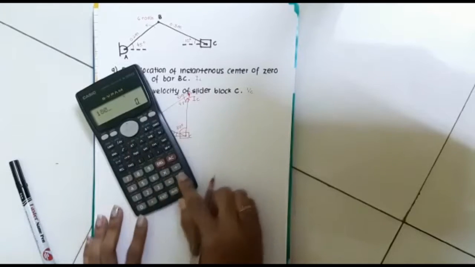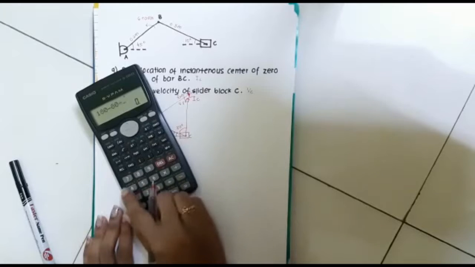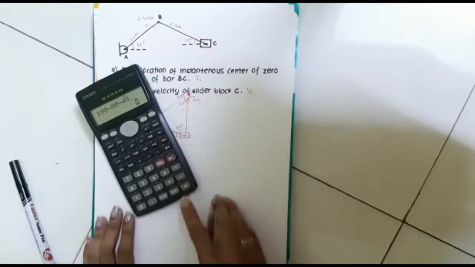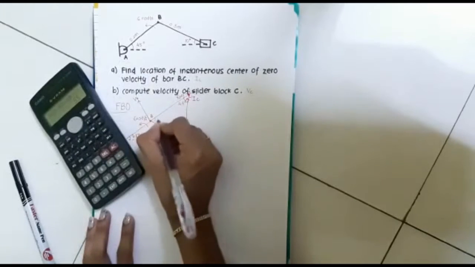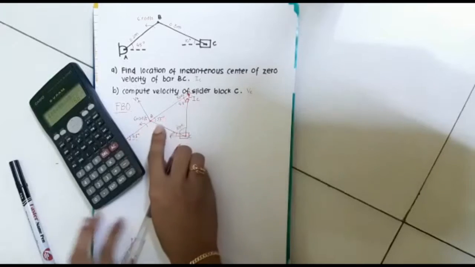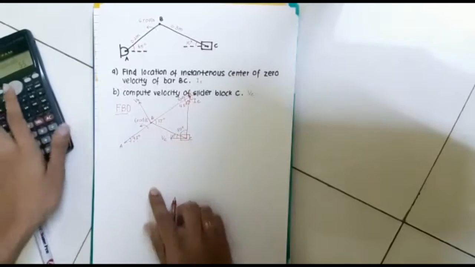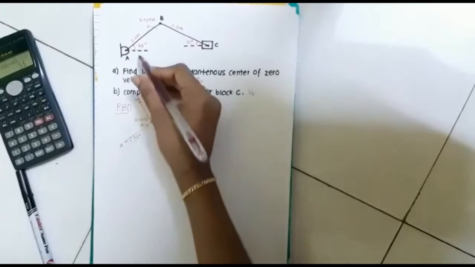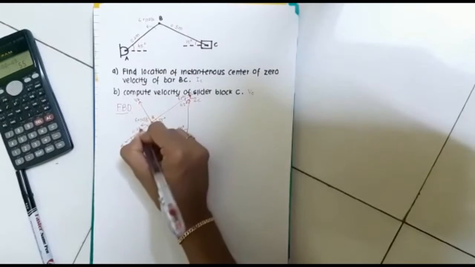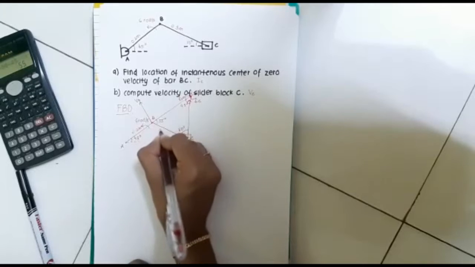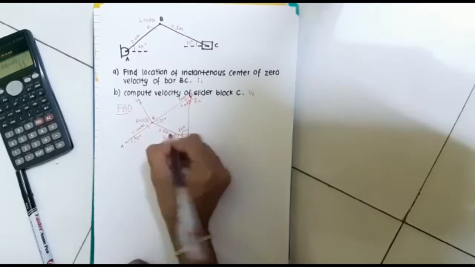So here 180. With the simple triangle calculation, 180 minus 80 minus 45, you will get 55. So it is 55 degree over here. And given 0.2 meter here, and it is 0.5 meter here.